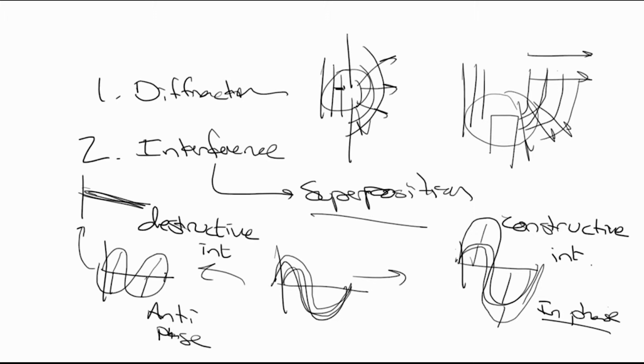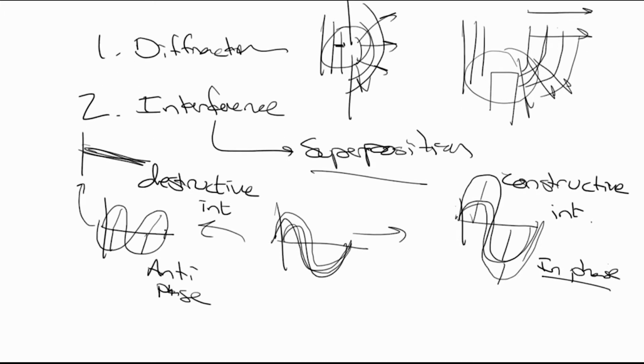Now let's use these two concepts to explain double slit diffraction. First of all, say we have a single slit and a wave passing through it, so you get a diffraction pattern. Then we take another pair of slits, and these waves which diffracted first diffract again here.